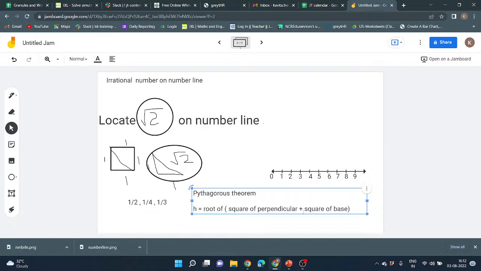In this case, the hypotenuse will be equal to the root of the square of the perpendicular, 1 square is 1, plus again the square of the base, 1 square is 1. So the hypotenuse is root 2.